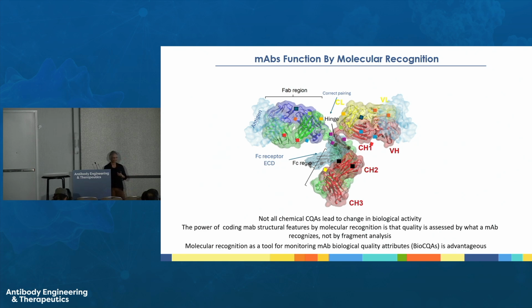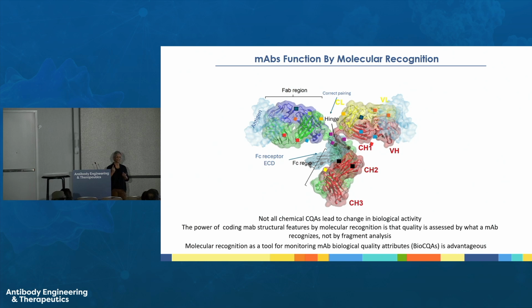Each antigen binding region is composed of six loops. Three of them are in the light chain, three of them are in the heavy chain, and they have to function synchronously to recognize the antigen.